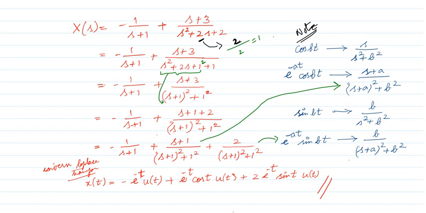So b is 1, a is also 1. Taking 2 outside, 1 divided by s plus 1 whole square plus 1 square can be said as 2 into e power minus 1t sine 1t u of t. So the inverse Laplace transform is e power minus t cos t minus, plus 2 e power minus t sine t, u of t.